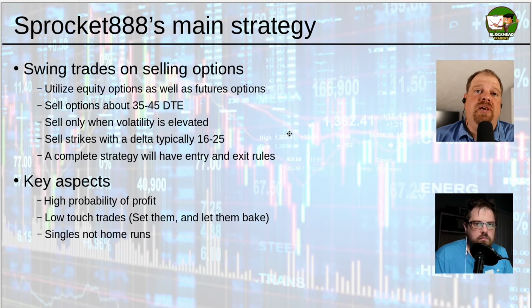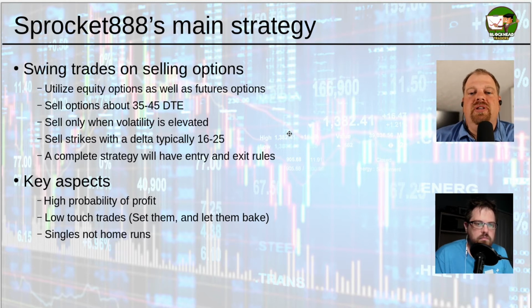What I typically do is sell options that are about 35 to 45 days to expiration, because the value of an option decays over time. The time decay speeds up exponentially as you start closing in under 35 days, so I sell the premium just before it starts to really decay.